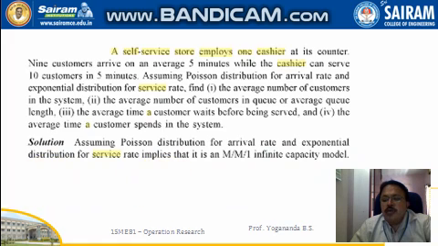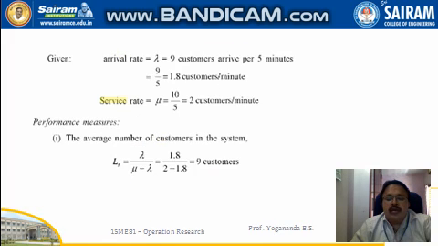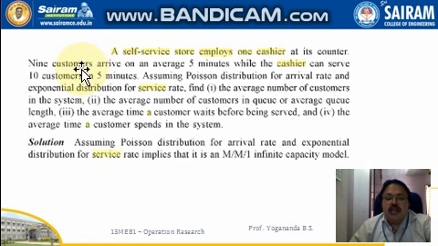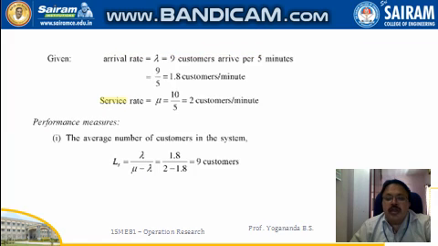So we'll have the model with the arrival rate lambda. That is 9 customers arrive per 5 minutes, which is what is given here. 9 customers arrive in an average of 5 minutes. So it is 9 by 5, that is 1.8 customers per minute.